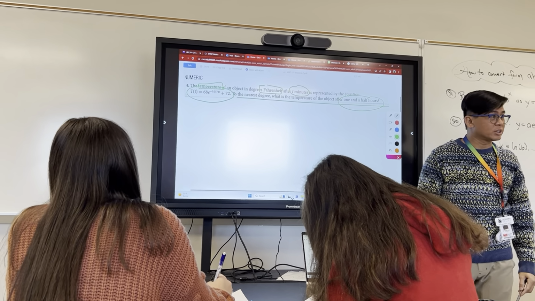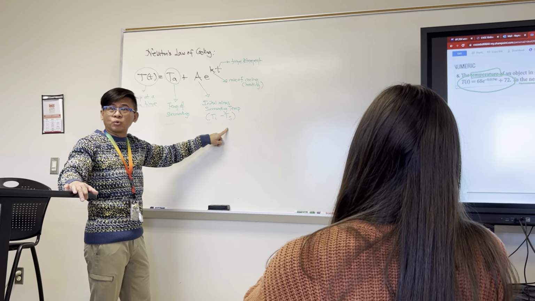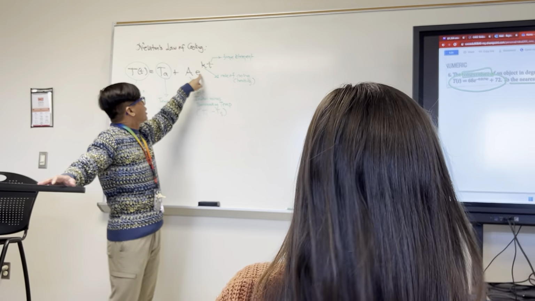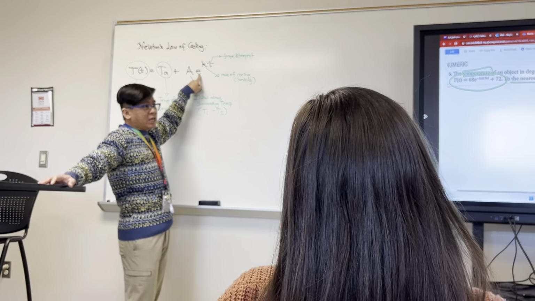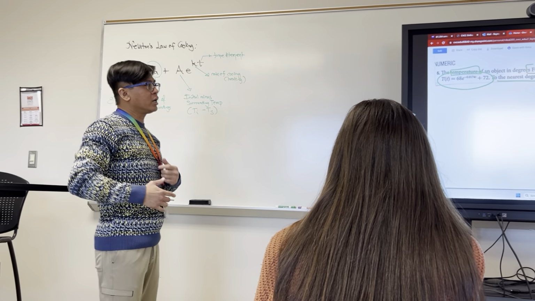Big T is the temperature at a given time, and T_s is the surrounding temperature. A is the initial minus surrounding temperature. e^(kt), where k is the rate of cooling or sometimes heating, and t is the time element, which can be in hours, minutes, or sometimes seconds.